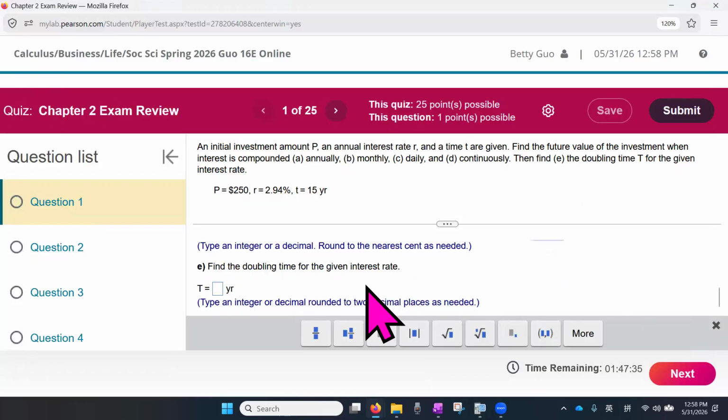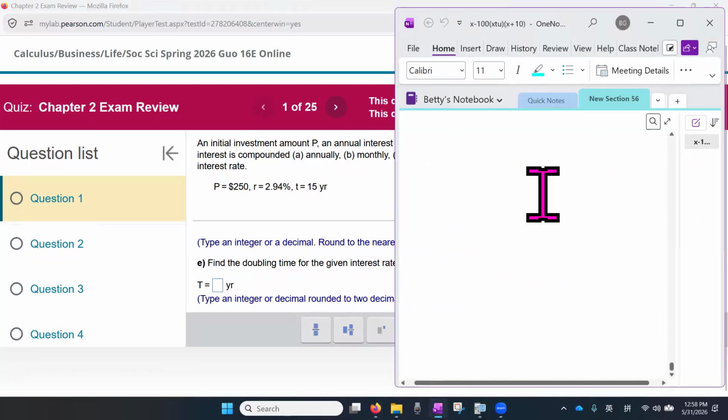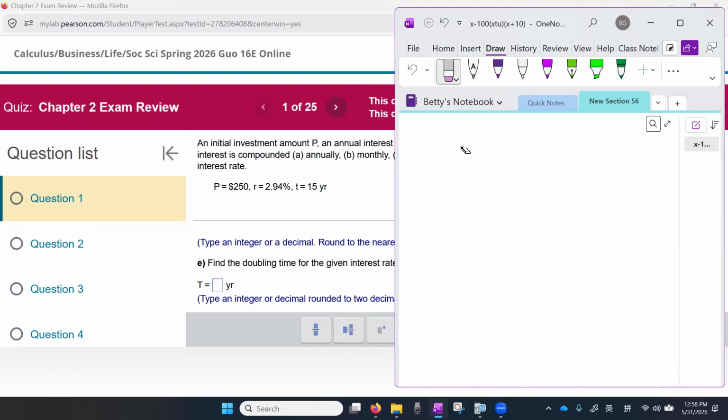Okay. Part E. Find the doubling time for the given interest rate. You may use a different formula, but this is the formula I use. I use the continuous formula: A equals P e to the power rt, where A is the accumulated balance. We're looking for the doubling time.